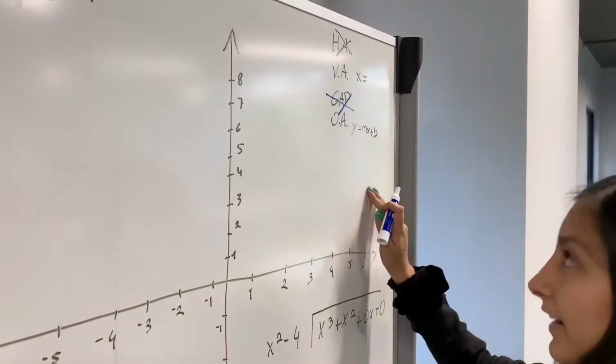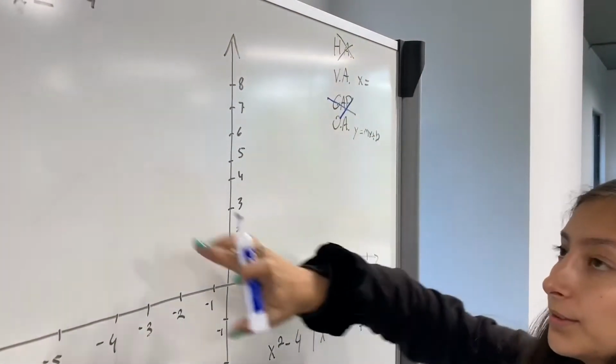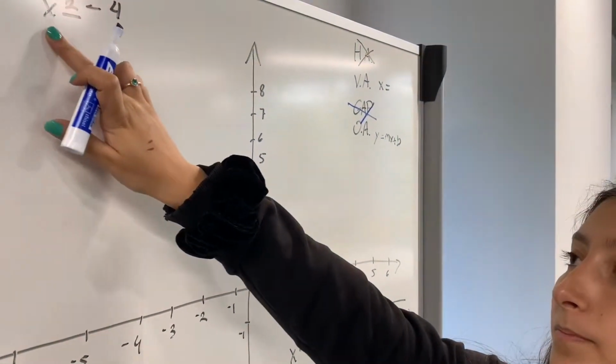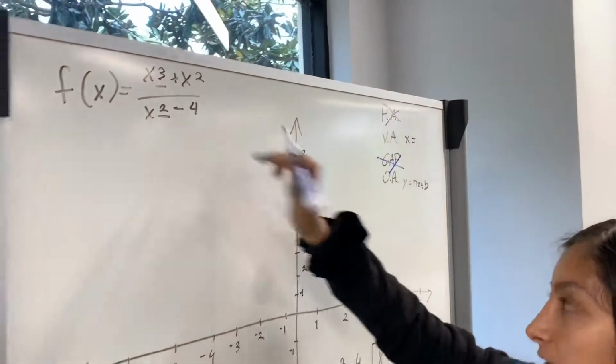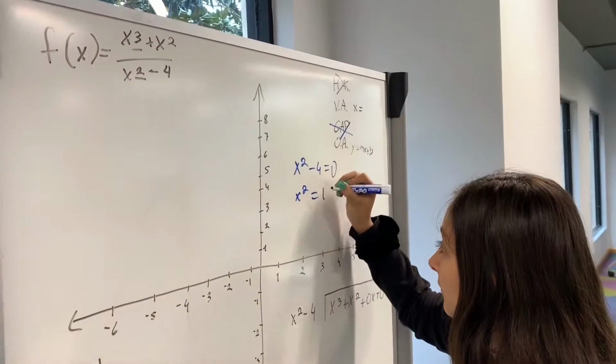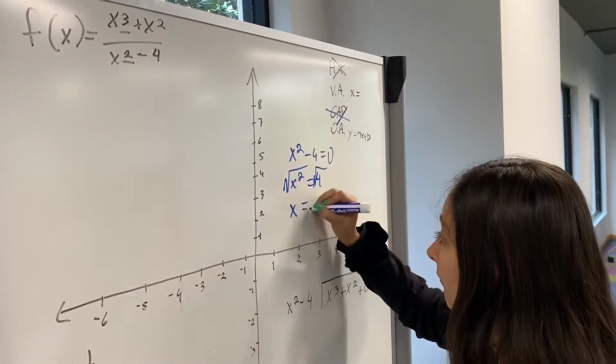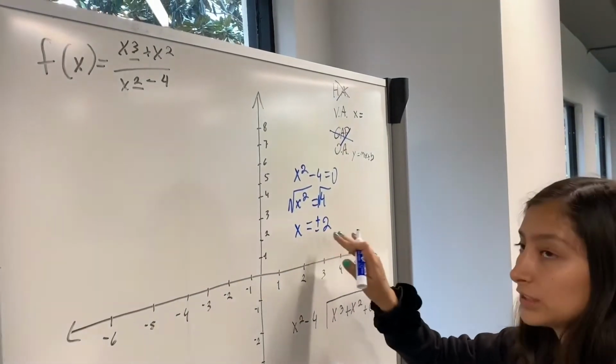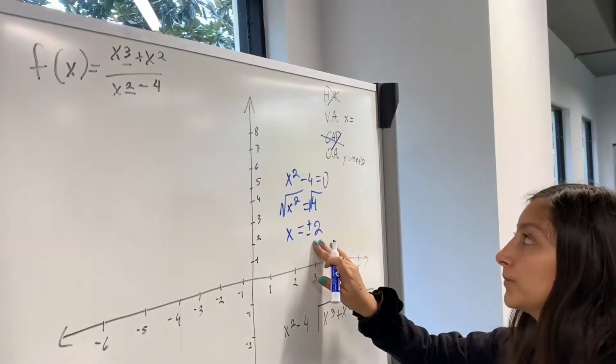In order to find the vertical asymptote, we need to solve this part of the function. Because of this result, we are going to have two vertical asymptotes.